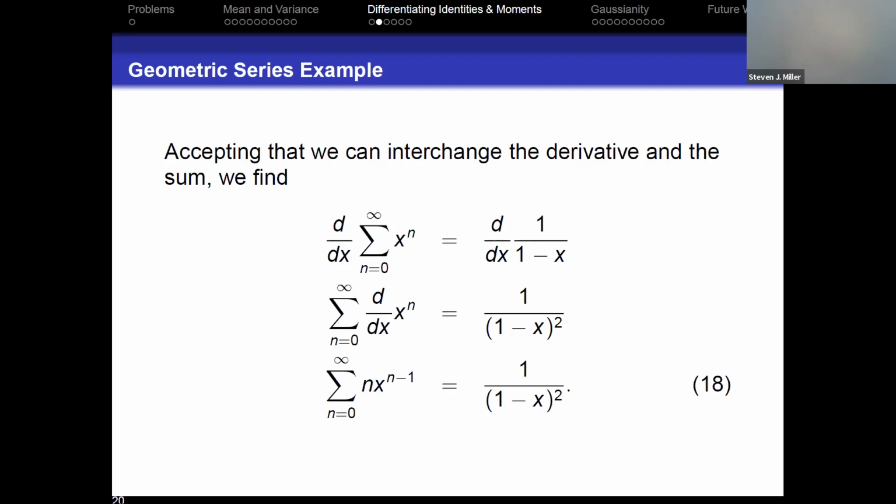So one of the steps needs some justification. It's the derivative of the sum is the sum of the derivatives. You never proved that in your calculus class. What you proved is the derivative of a sum of two terms is the sum of the two derivatives.